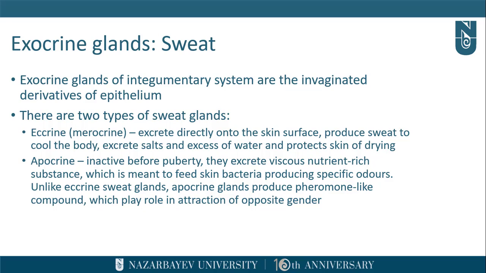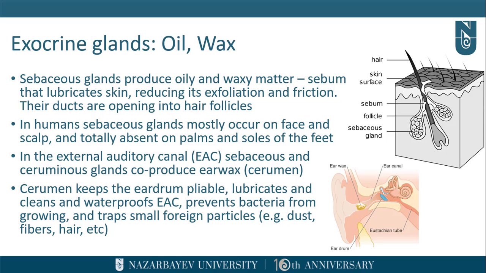Also, apocrine glands produce a pheromone-like compound, and animals use it to attract mates for offspring generation. And also, dogs can smell humans by the sweat generated in the apocrine glands.